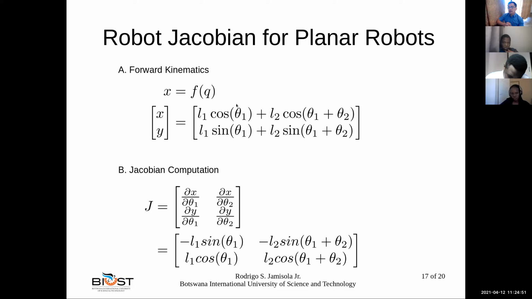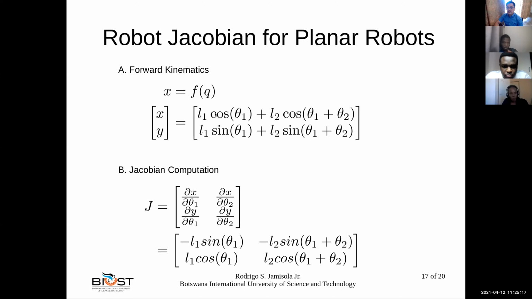So now, for example, in this case, you have the forward kinematics computation of a two-link robot, or two joints. How do we know that there are two joints? Again, there are two independent variables, theta 1 and theta 2. The output is the hand position, x and y, and the forward kinematics equation is stated like this.